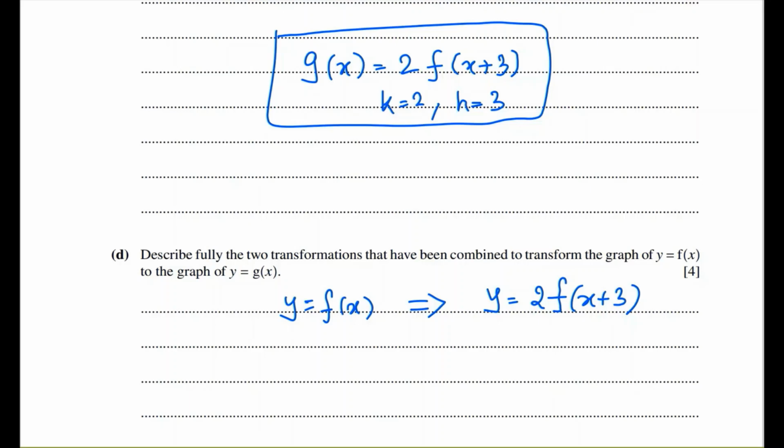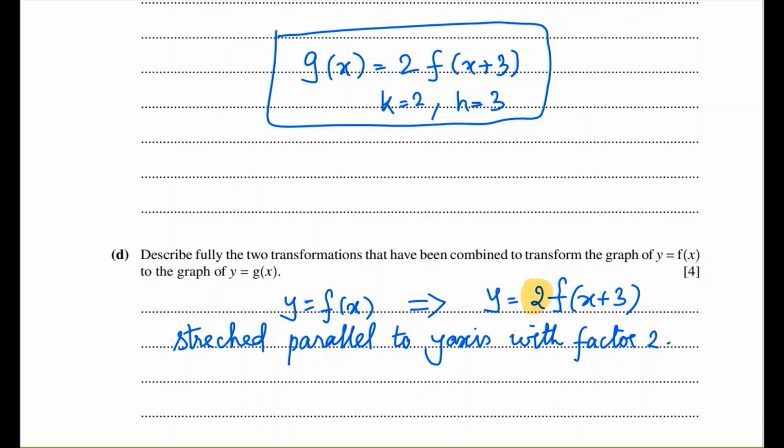So by comparing these two, there is a multiplication factor here, so it is a stretching. It is stretched parallel to the y-axis with a stretching factor of 2.